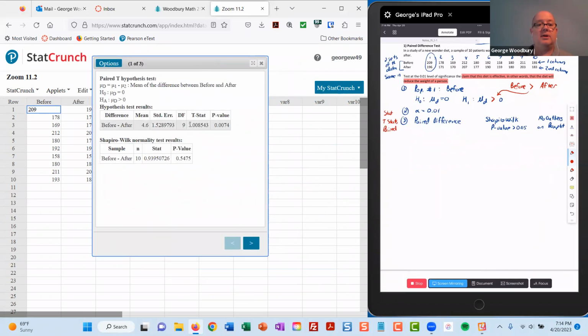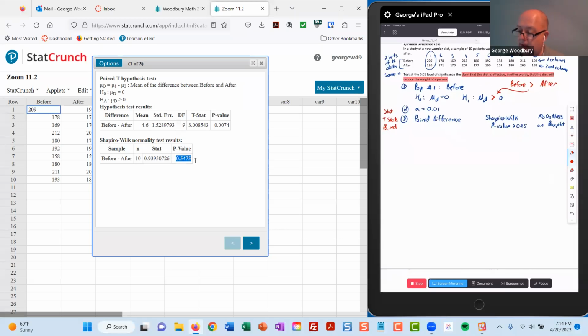And the first thing, right, we're tempted to look at the calculations, but we have to check the conditions first. And down here, the Shapiro-Wilk p-value is 0.5475. And that is above 0.05. So that one is good.